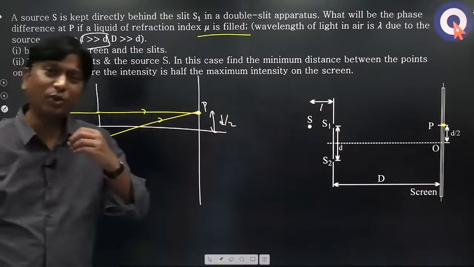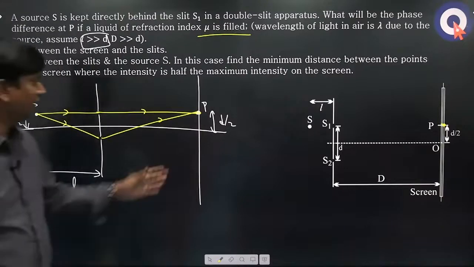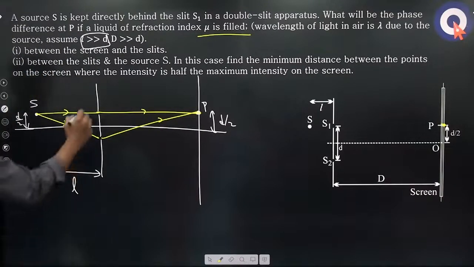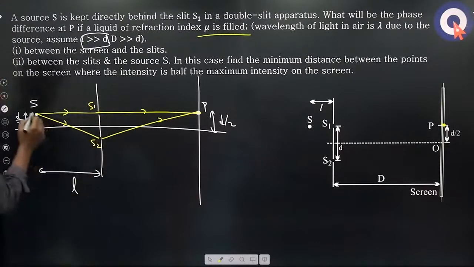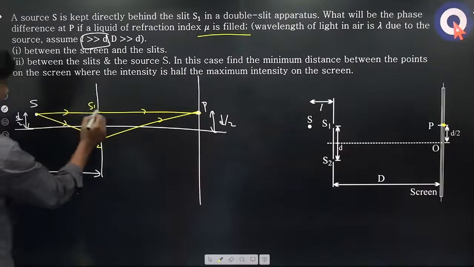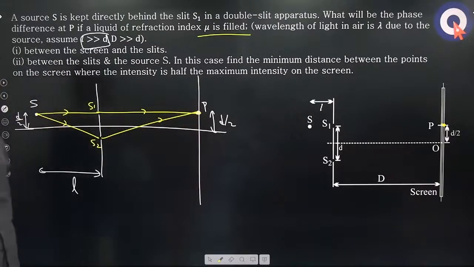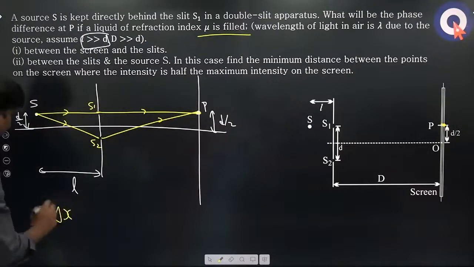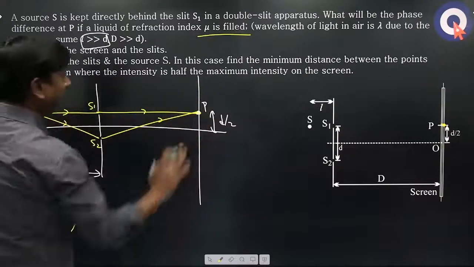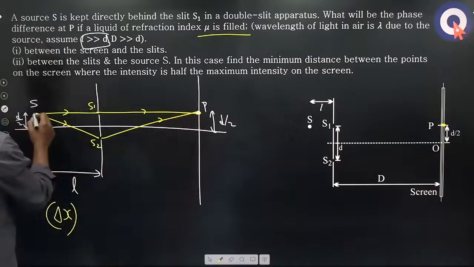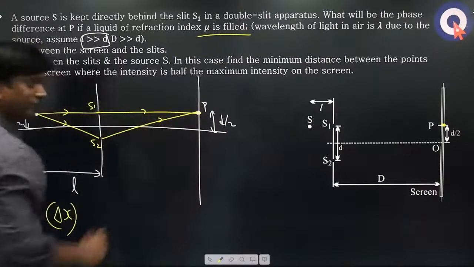If you take without any medium, then clearly how to take the path difference. First of all, if you take S1, S2, this is already longer than this, and here also it is longer than this. So suppose there is no medium filled, completely it is in air, what will be the net path difference at point P between this wave and this wave?